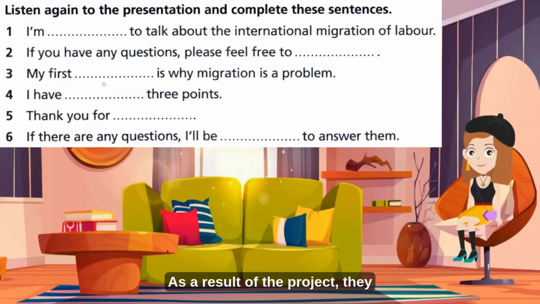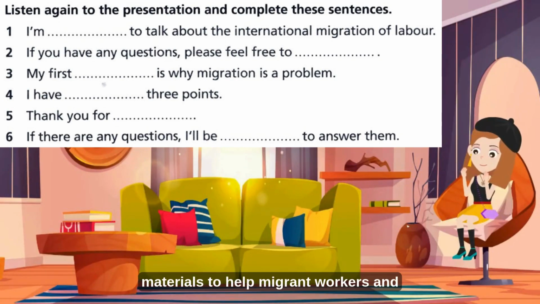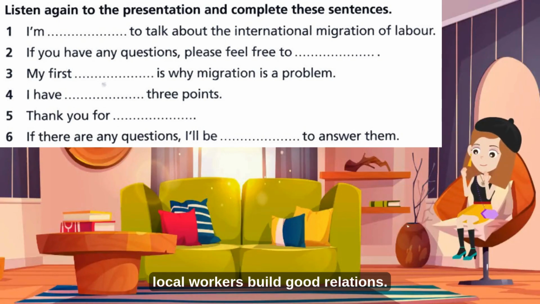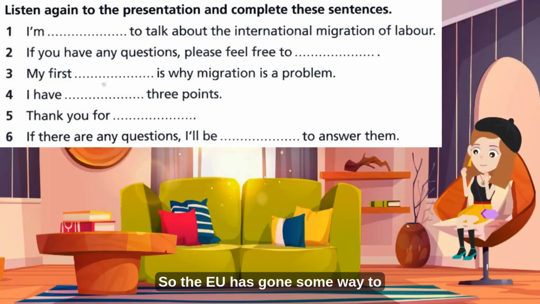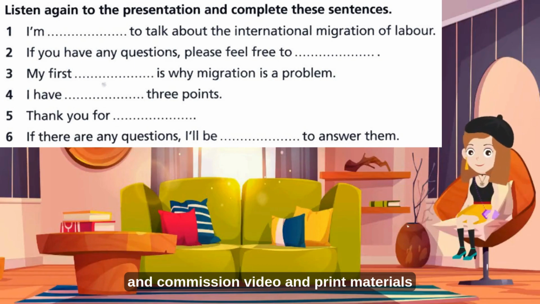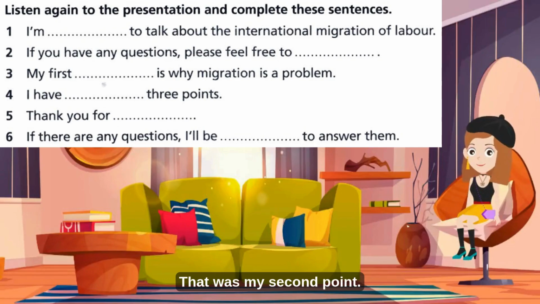As a result of the project, they sponsored a set of video and print materials to help migrant workers and local workers build good relations. So the EU has gone some way to anticipate the problems, research and identify solutions, and commission video and print materials for training and facilitation. That was my second point.